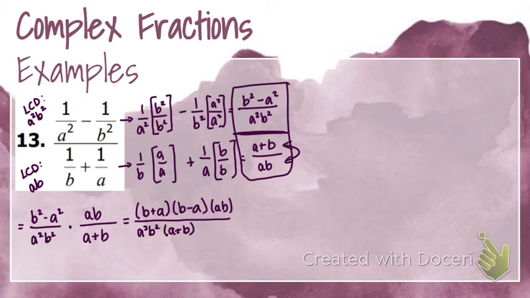All right, b plus a and a plus b are the same thing. Those cancel. And then we have an ab in the top and an a squared b squared in the bottom. So what we can do is we can take away one of each. So we can take away the a and cancel the 2, take away the b and cancel the 2. So this leaves us with b minus a divided by ab.